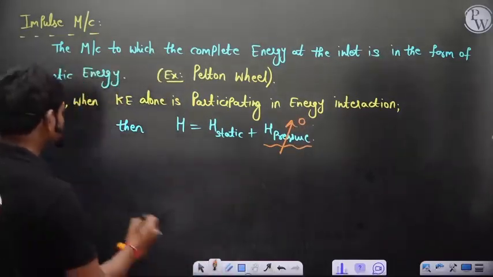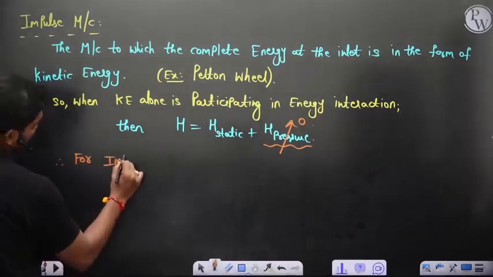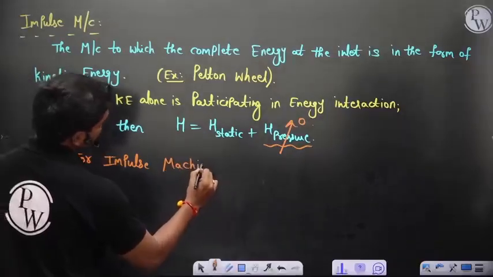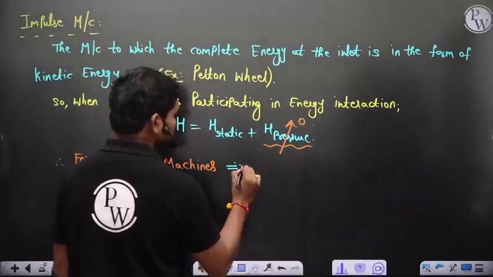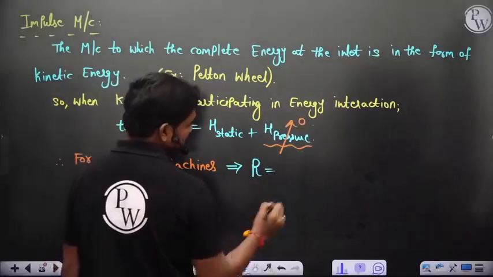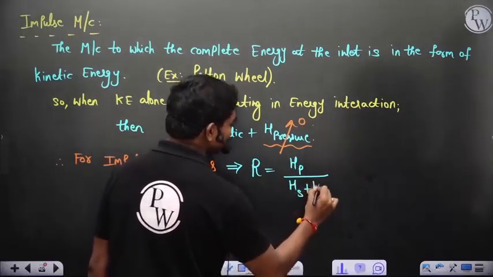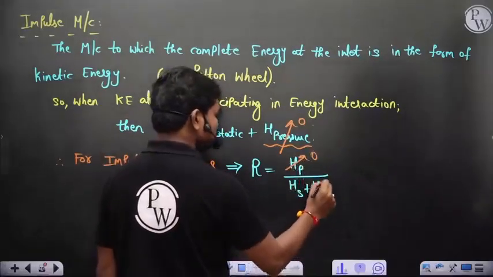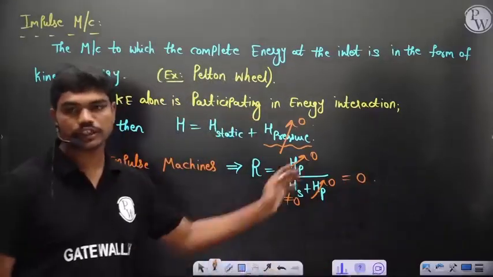So therefore, for impulse machines, this implies the degree of reaction R is equal to Hp by the total energy, which is H static plus Hp. In this case, Hp is 0, H static is 0, and the total is non-zero. So ultimately this is 0. 0 by something is 0.